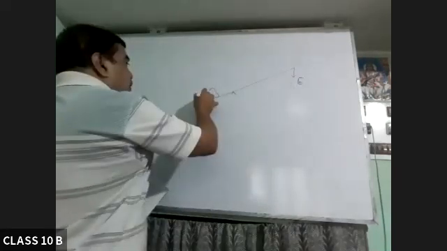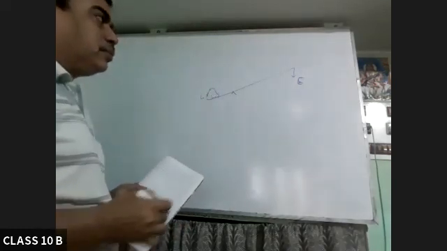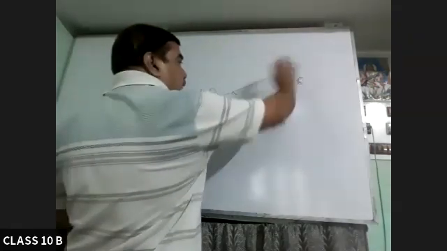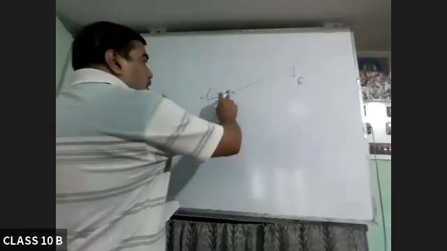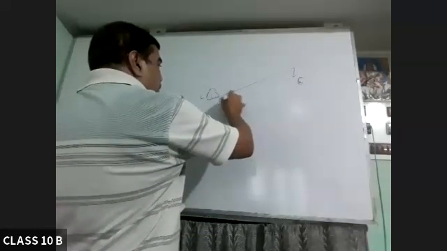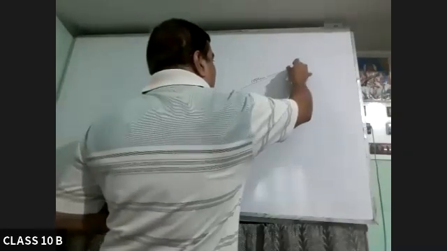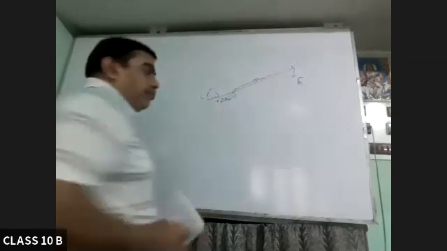Effort we are applying here, load we are applying here. Total length is 120 centimeter. The fulcrum is at a distance of 20 centimeter from the load. Naturally, effort arm will become 100 centimeter.